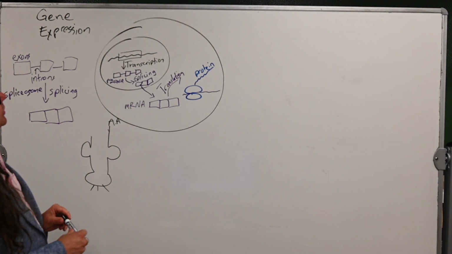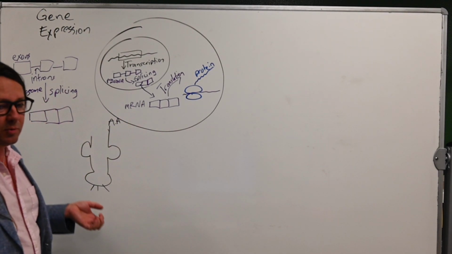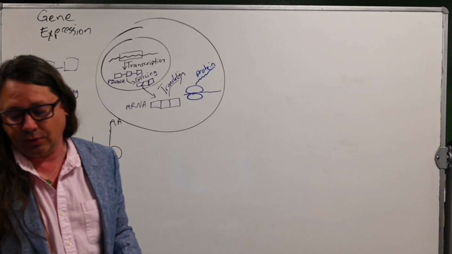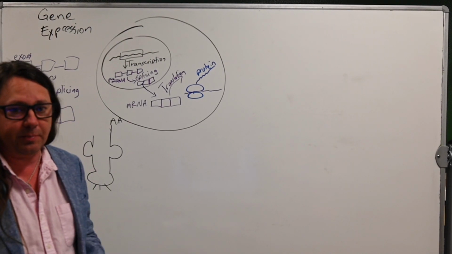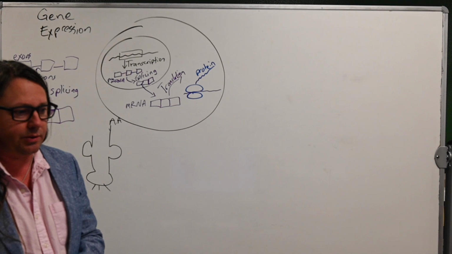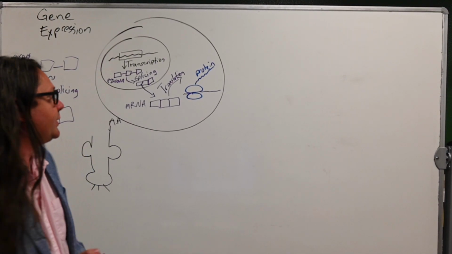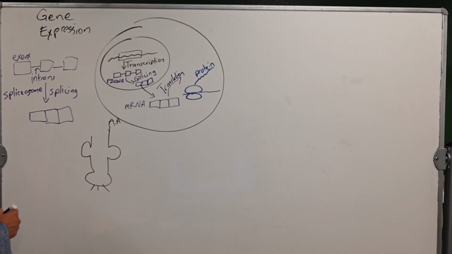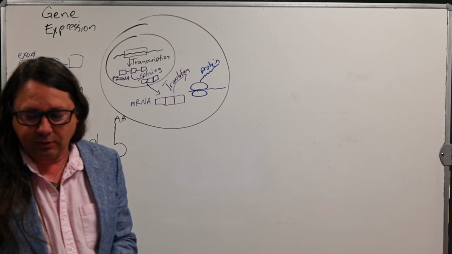Now, if this gene is turned on in every cell, what kind of promoter would it have? Maybe it's hexokinase. Hexokinase, I think, is expressed in every cell in our body. What kind of promoter would you predict that hexokinase has? Constitutive? Right, constitutive or always on. Exactly. Or what if it's only expressed in one cell type?